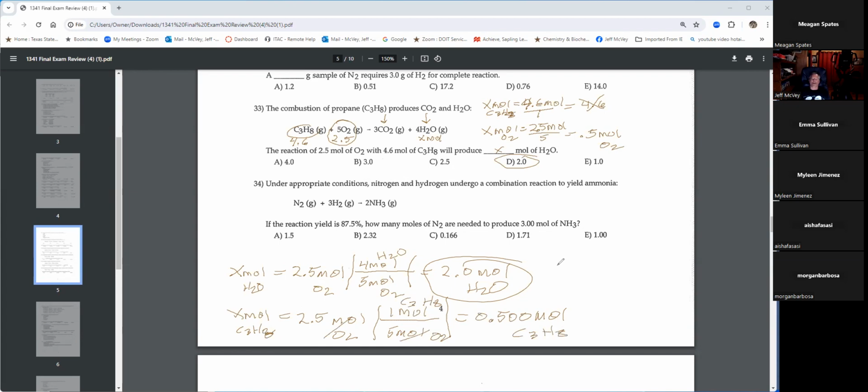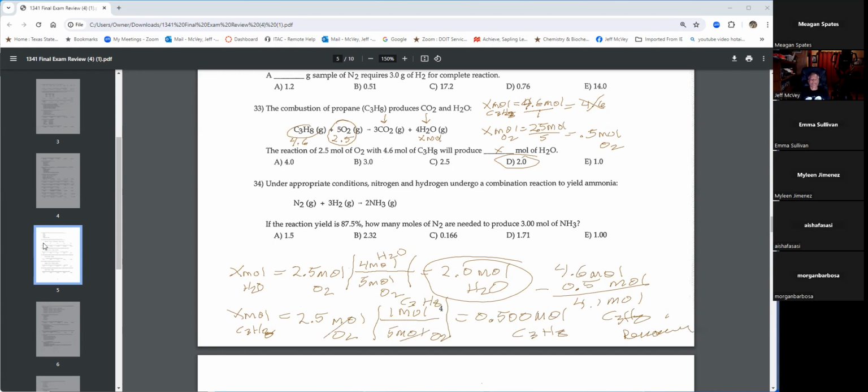So how much did I start with? 4.6 moles minus 0.5 moles that I used, which leaves me with 4.1 moles of C3H8 remaining. Okay, does that make sense? Yes.